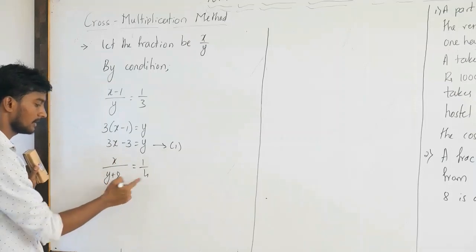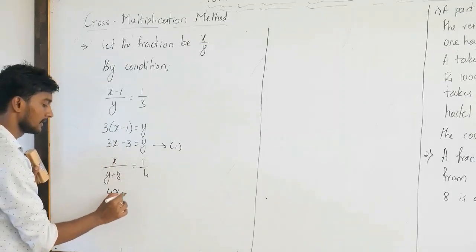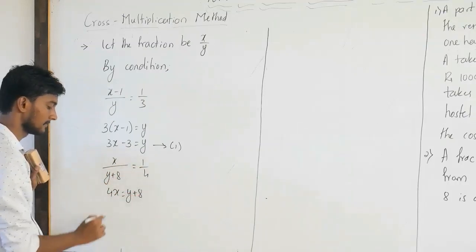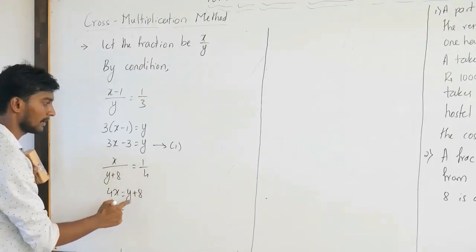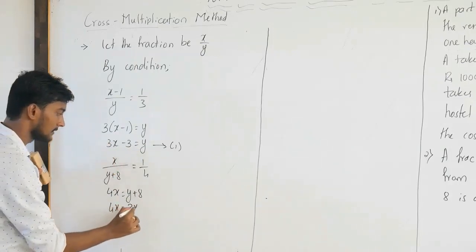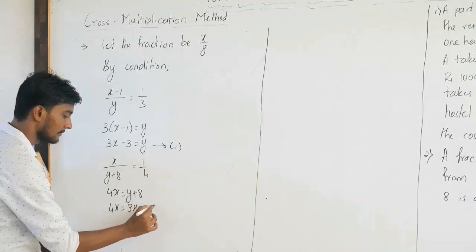Cross multiply. 4 into x is 4x, equal to y plus 8 into 1, which is y plus 8. 4x is equal to the y value, which we already got from equation number 1: 3x minus 3, plus 8.